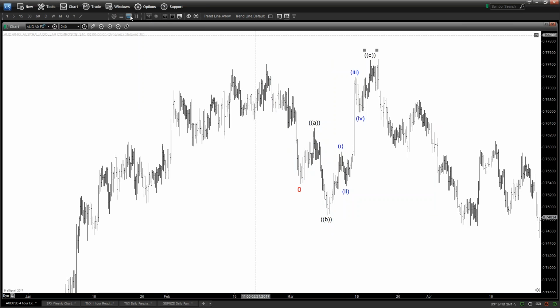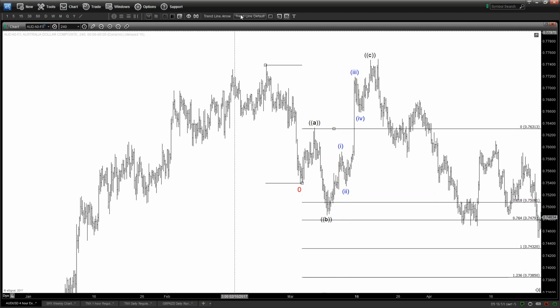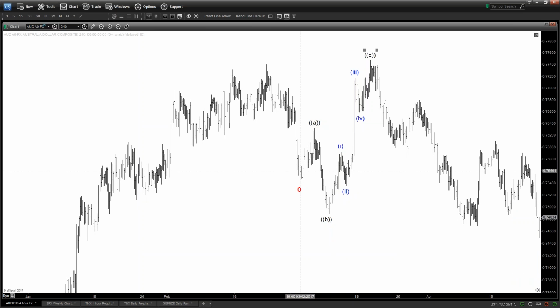So this means that a lot of people will start thinking it can go to 100% here, not knowing that it is doing a flat. A flat is something that is very tricky.